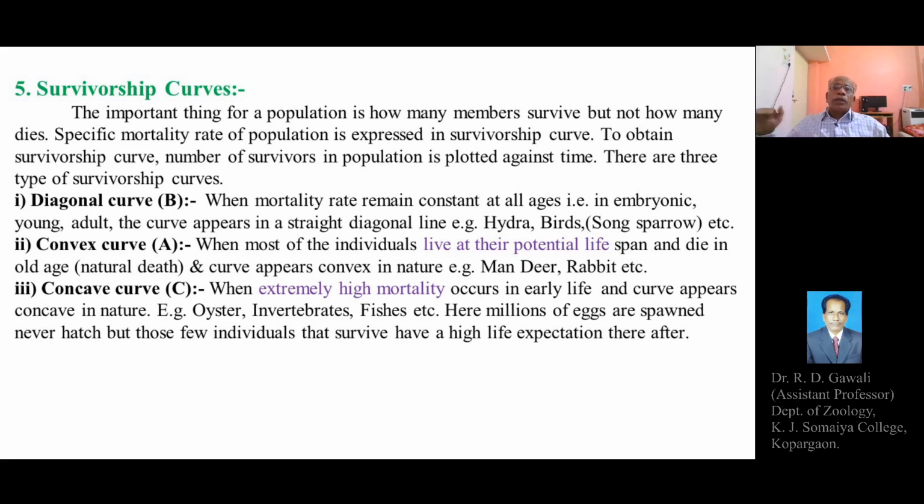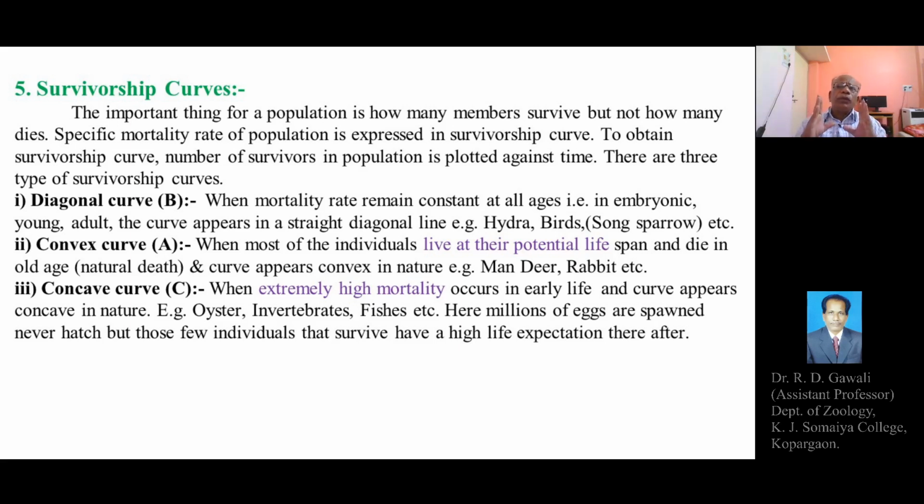This is because of a sudden decrease of population due to the extremely high mortality, and the few remaining individuals which survive can live for their expected lifespan. So there are three types of survivorship curves that can appear.